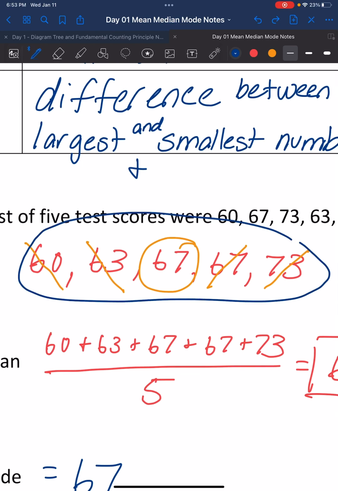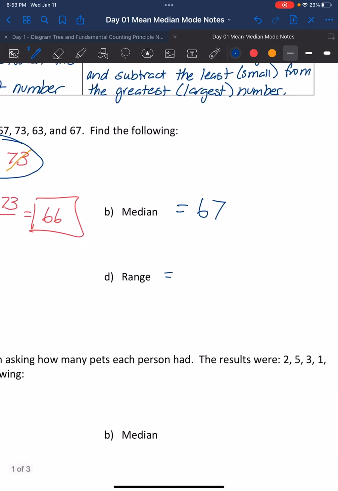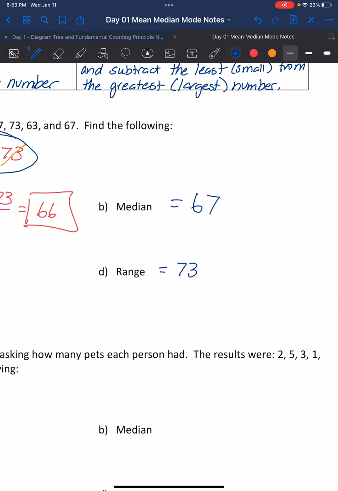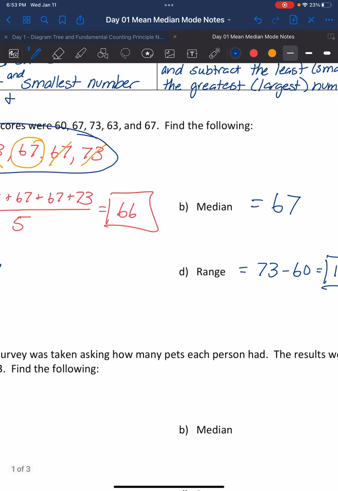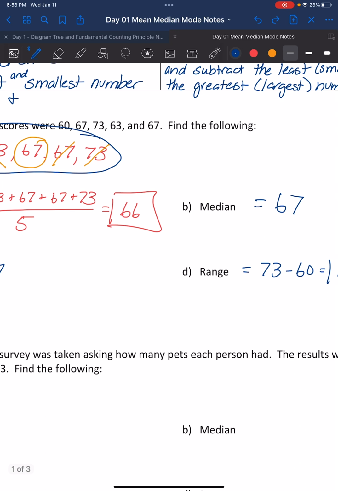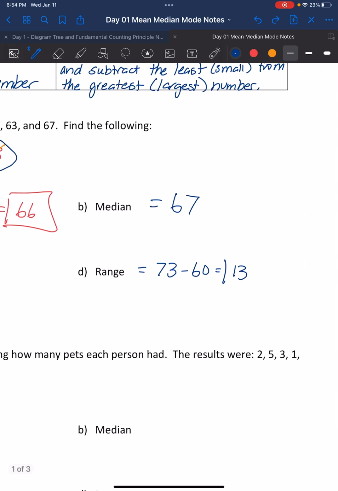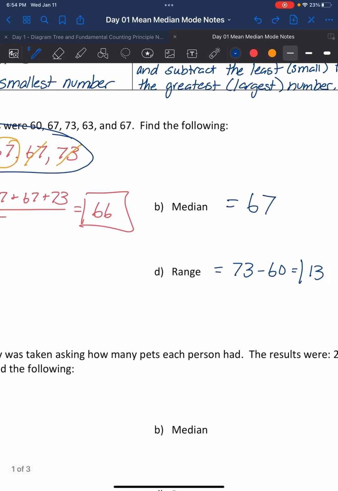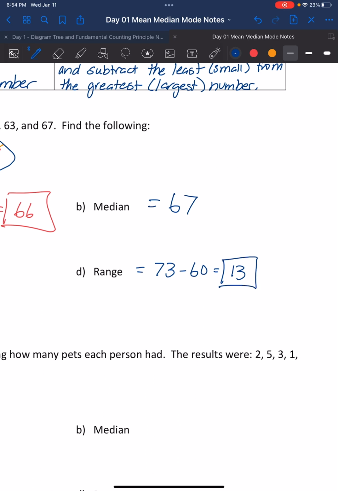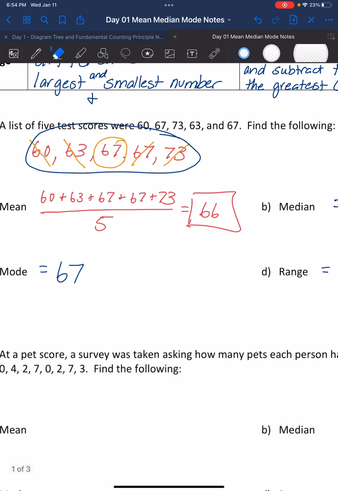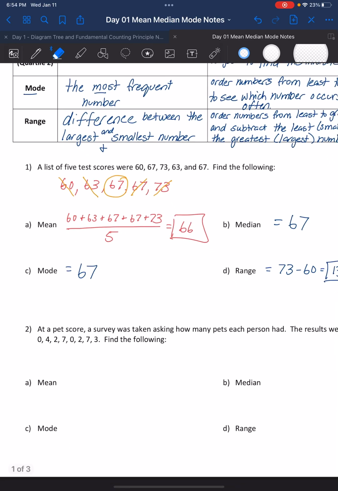So this right here, because now I'm doing 73 minus 60, which gives you 13, which is completely different than the possible 7 that I gave you up at the top, right? What did I do here? 13, right there. All right, so please do not use anything other than your ordered numbers.